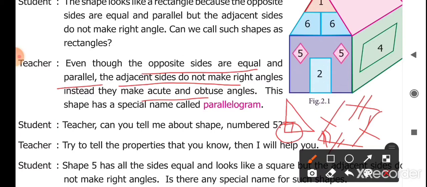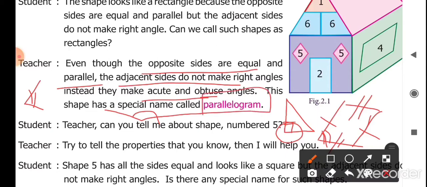Acute means below 90 degrees. Obtuse means above 90 degrees. This is obtuse, this is acute. This shape has a special name called parallelogram.